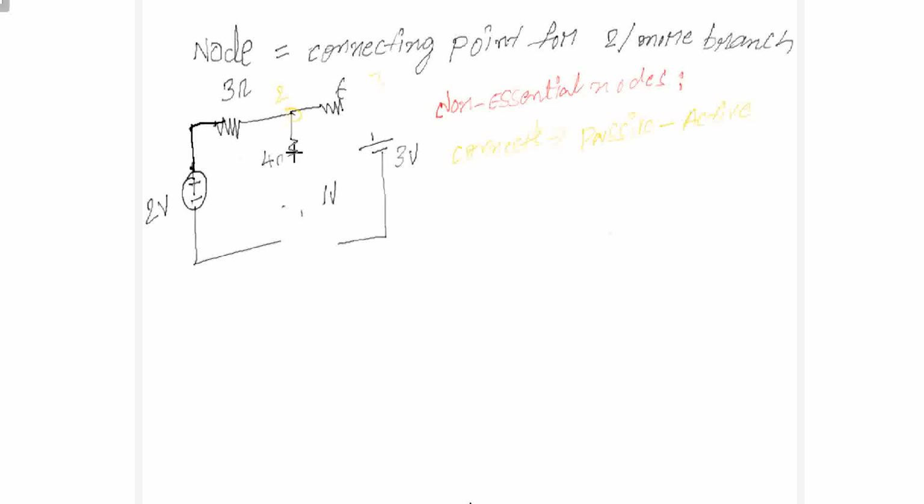We are going to find nodal voltages. So what will be the voltage? Here there is nothing, this is only a wire. So this is an ideal wire, there is no voltage drop. If there is no voltage drop, the same voltage will appear at this point. The same 2 volts appears at this point. So no need to consider this as a node, because from the figure itself we are able to find the voltage at that point.